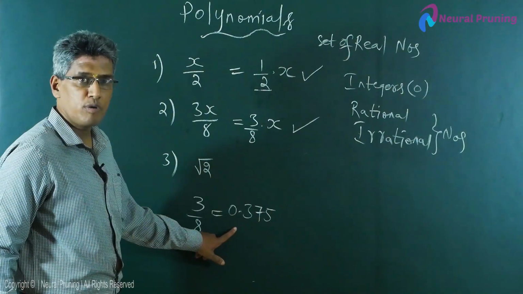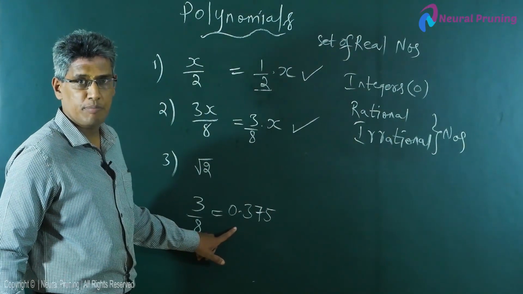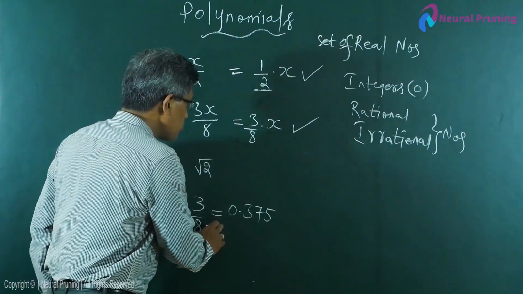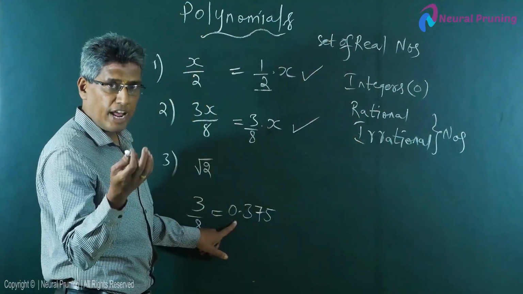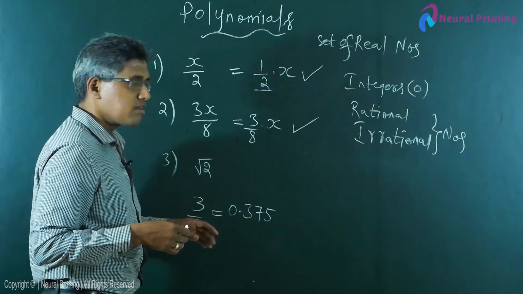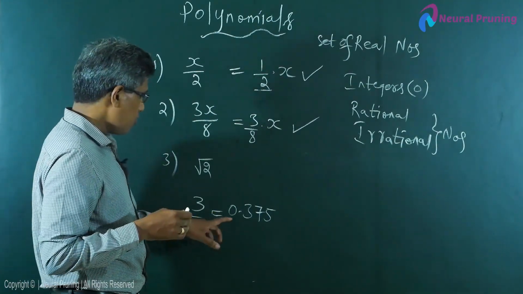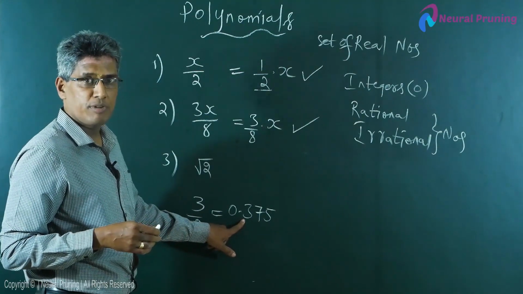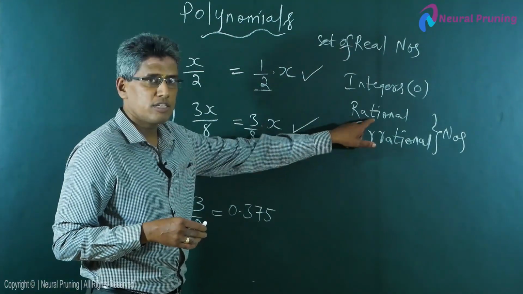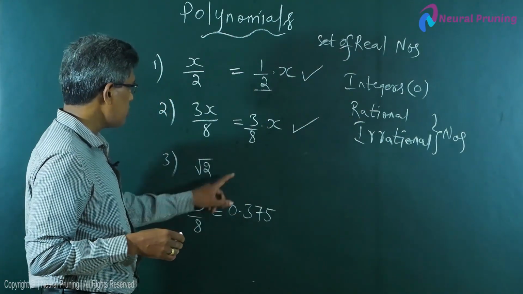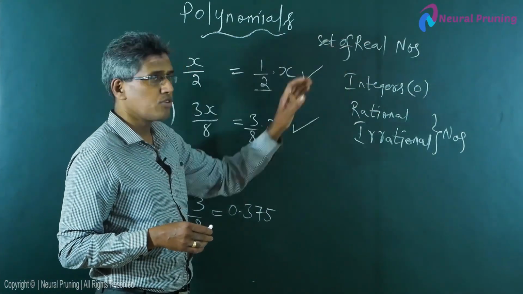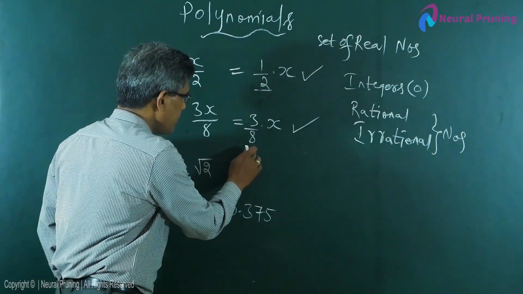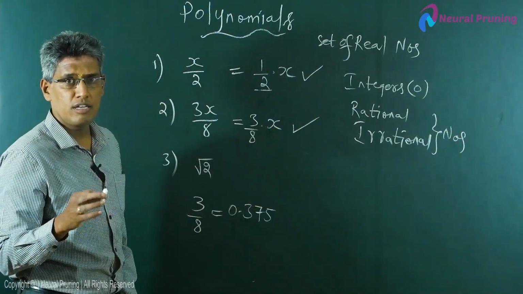So this is a terminating kind of decimal representation, and for this reason this is a rational number. Any rational number which, after normal division, gives a terminating decimal representation is called a rational number. So 3 by 8 belongs to the set of rational numbers, which in turn belongs to real numbers. So 3 by 8 x can be called a polynomial.